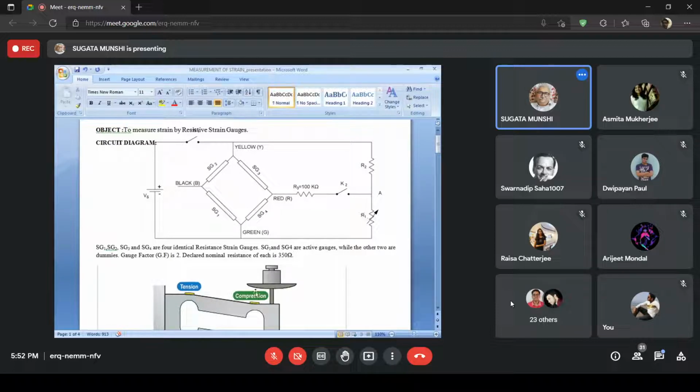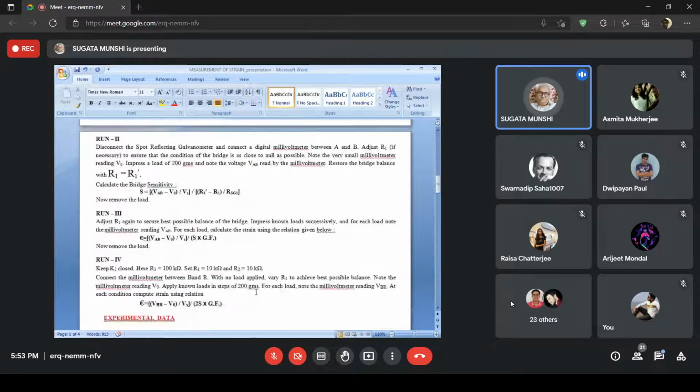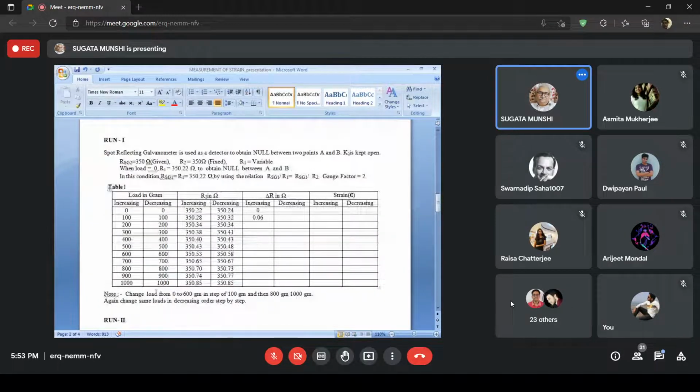All right. So there is a table here for run 1. Load in grams from 0. Just see here. When load in grams is 0, the value of R1 required to balance the bridge is 350.22 ohms. So that is actually the RSG1, the nominal value of the gauge resistance. When it is increased to 100, R1 increases.